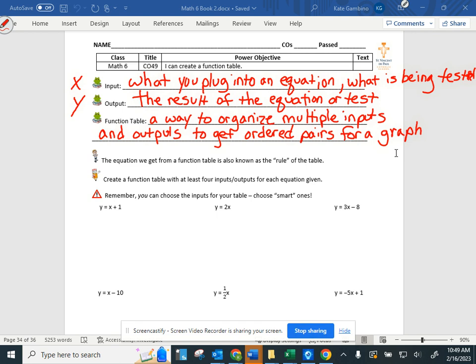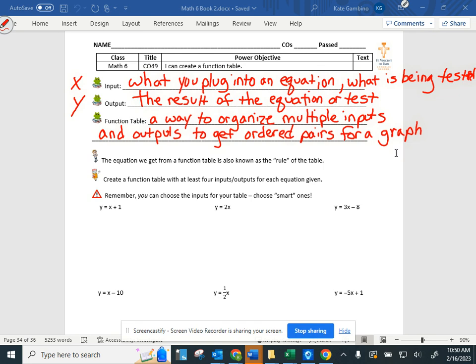Remember, and this is going to be important, and I'm going to show you on one of these why this is important. You get to choose the inputs, what you want your x to be, to create your function table. And we want to be smart about it. Okay, we want to choose x's that are easy for us to use for our equation. So we're going to make smart choices.